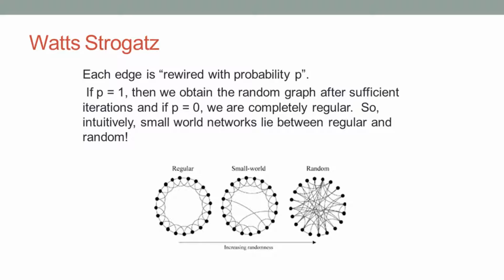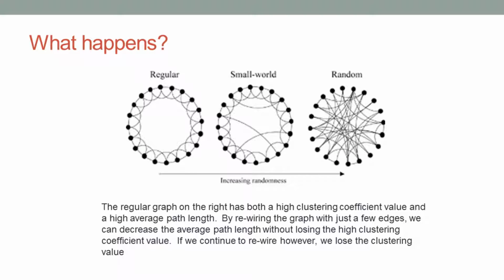But just the rewiring of some of the edges brings the average path length down. But if we continue to rewire, we lose the high clustering coefficient. We want the clustering coefficient high and the average path length low. So this process changes a regular graph to a random graph by increasing the probability that an edge will change its adjacency.